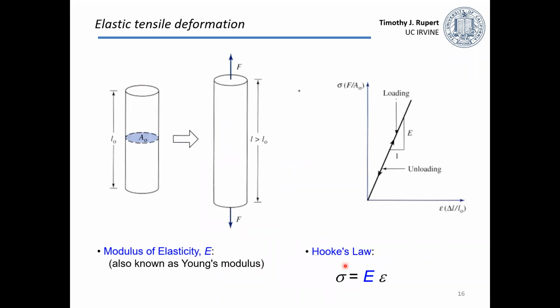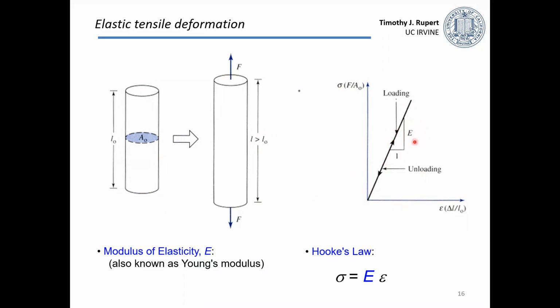So getting back to that elasticity, if we do apply a tensile stress, and now, instead of plotting force and displacement, we're plotting stress versus strain, we would still find that this curve is linear. And we're going to actually look a lot at the slope of that linear curve. We're going to call this our modulus of elasticity.